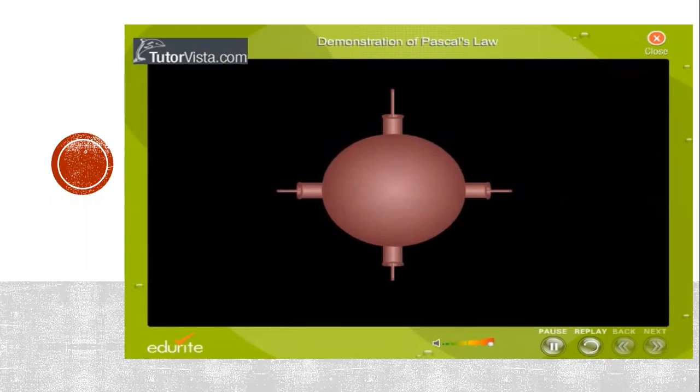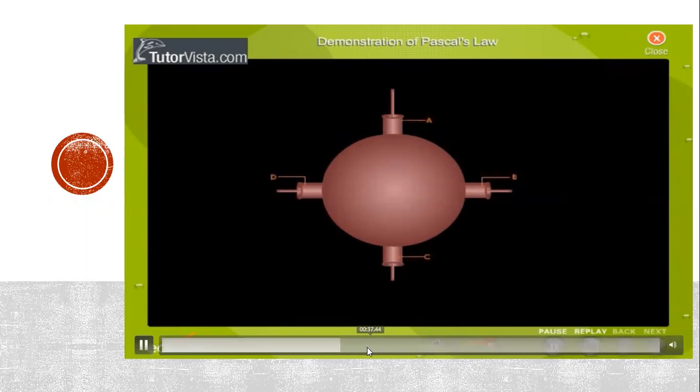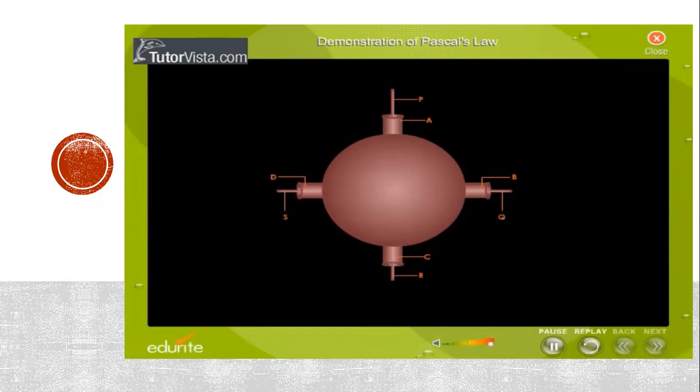These openings are furnished with projecting tubes of cross-sectional areas A, B, C, D. These projecting tubes are fitted with airtight pistons P, Q, R, S, which are capable of sliding into the projecting tubes. Fill the vessel completely with the liquid. The only forces acting on the liquid are the forces applied on the pistons P, Q, R, and S.